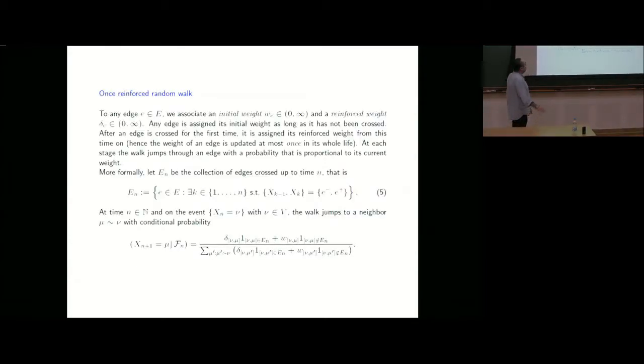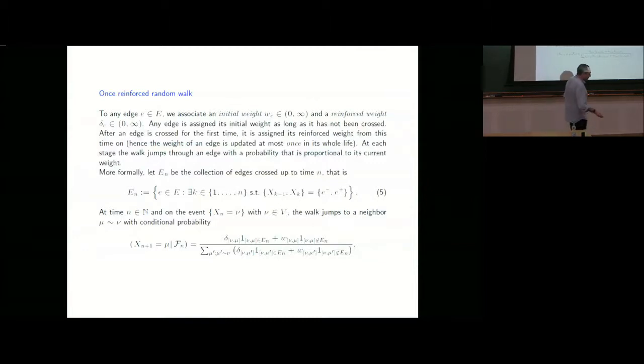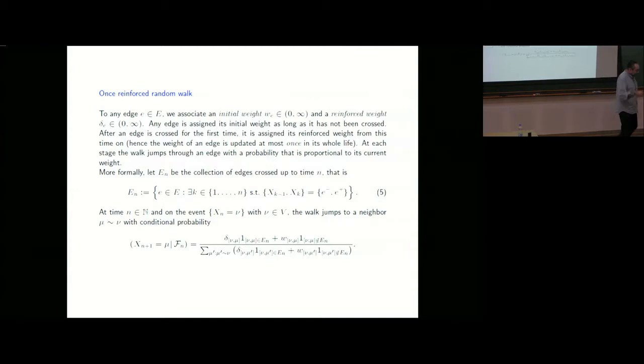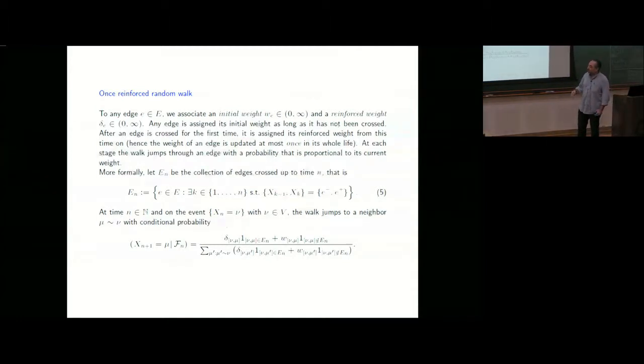All right. So now the examples I gave. Okay, so my main topic, actually that's why I started to look at these things, is once-reinforced random walk. Once-reinforced random walk comes from 1990. It was introduced by Burgess Davis in desperation because nobody could solve the linearly reinforced random walk, and this is supposed to be kind of lighter.